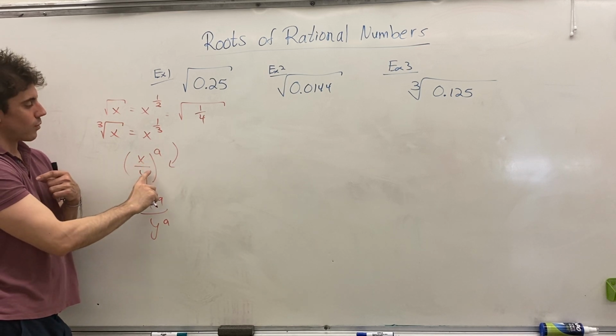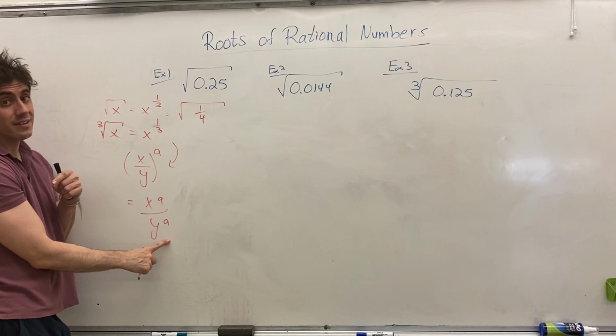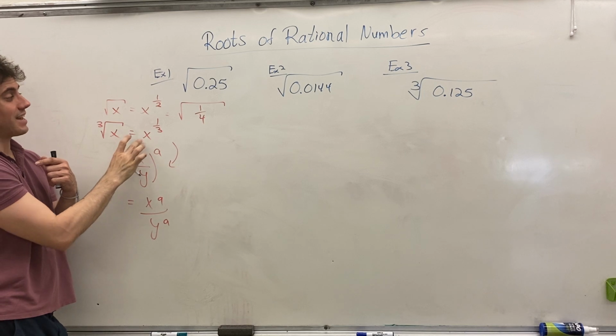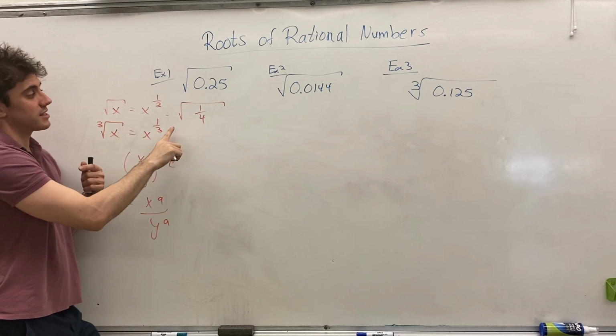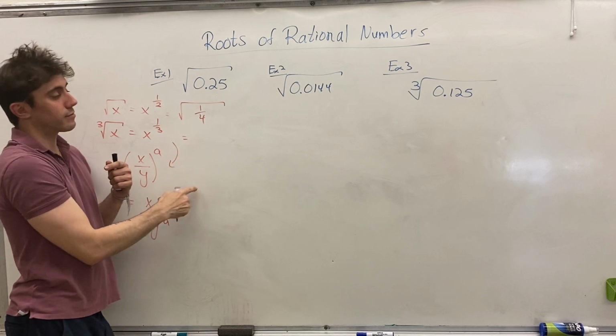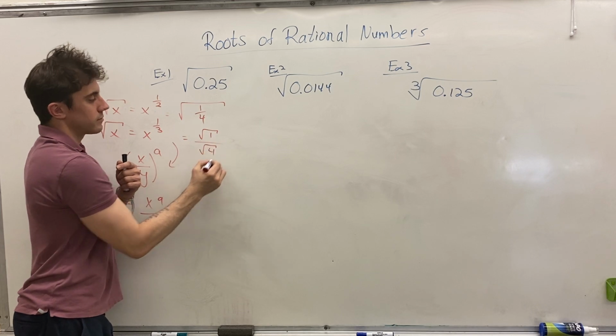If (x over y) all to the power of a can be written as x to the power of a over y to the power of a, and we've already stated that square roots and cube roots can be written as exponents, then that means that the square root of 1/4 can equivalently be written as the square root of 1 over the square root of 4.